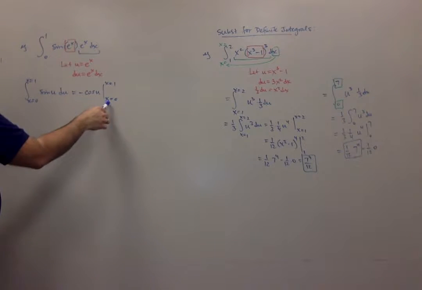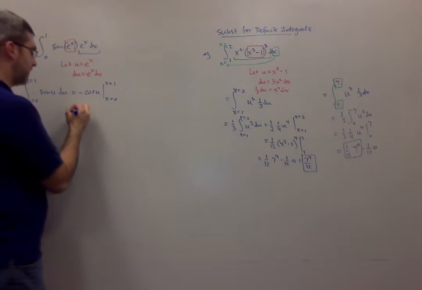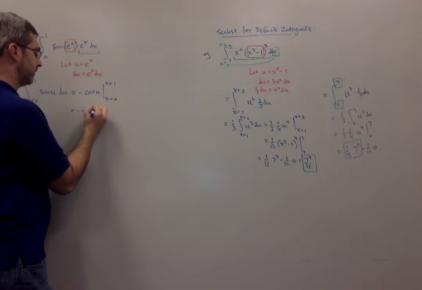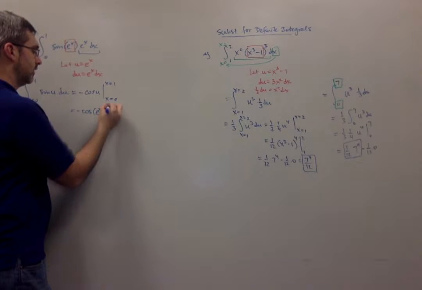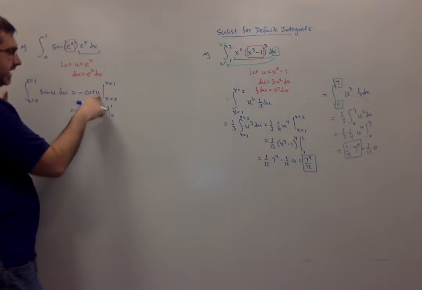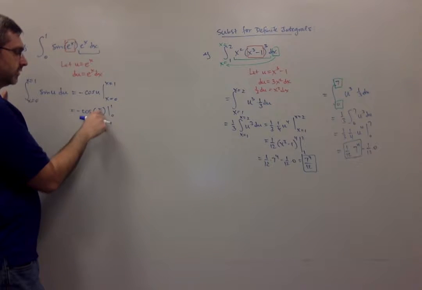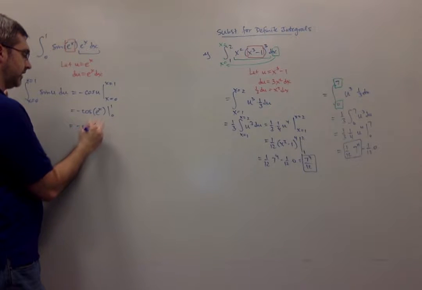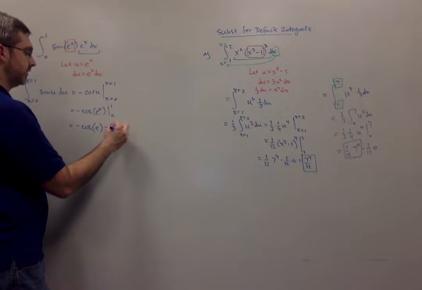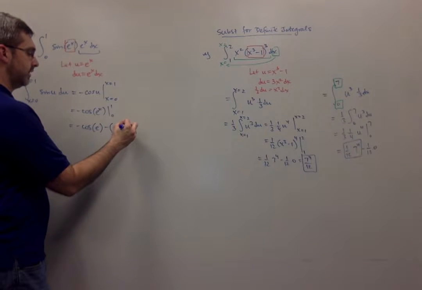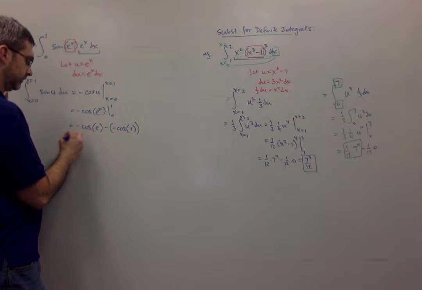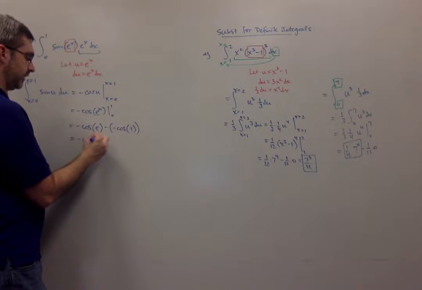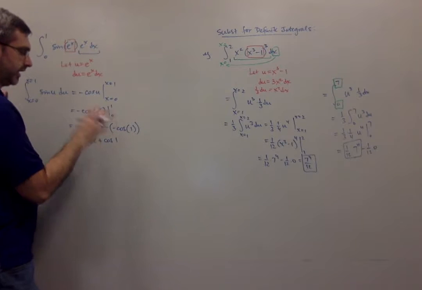And because these are in terms of x, I need to go back to x's. So I'm going to put my e to the x back in, and now I can just write from 0 to 1 because that's the variable there. So what I'm going to have is cosine of e to the 1 minus negative cosine of e to the 0. And e to the 0 is 1. So I get negative cosine e plus the cosine of 1, whatever that is. Okay?